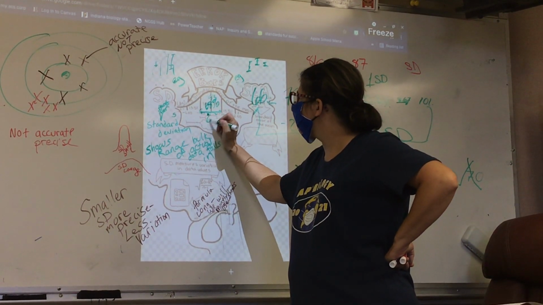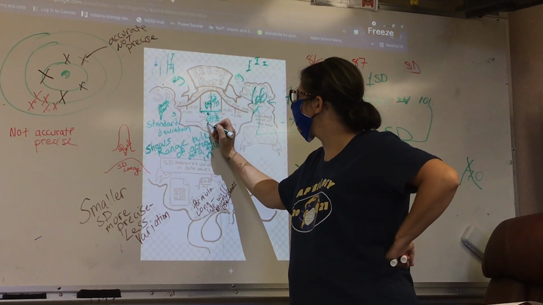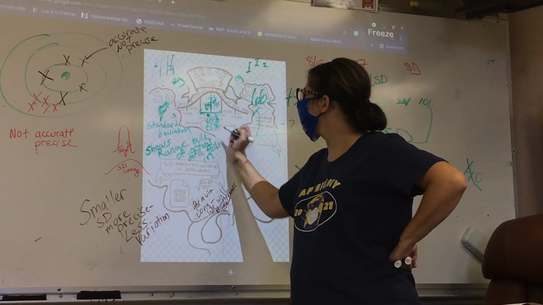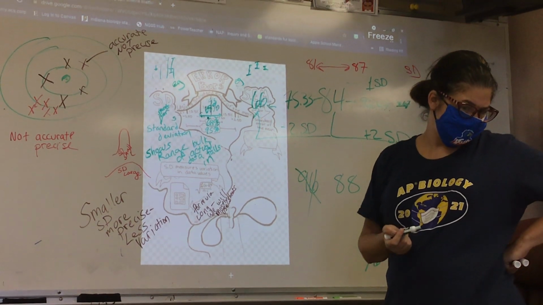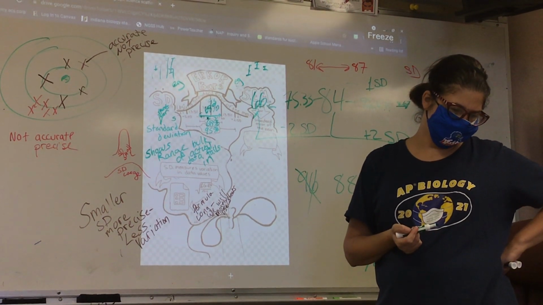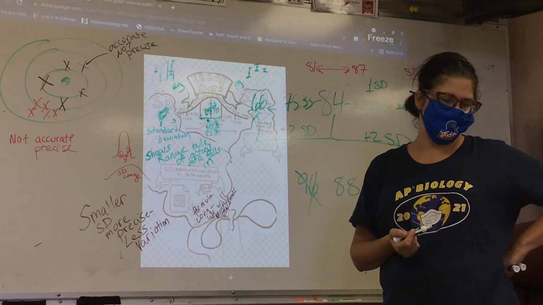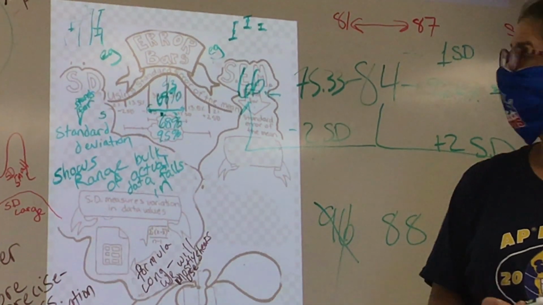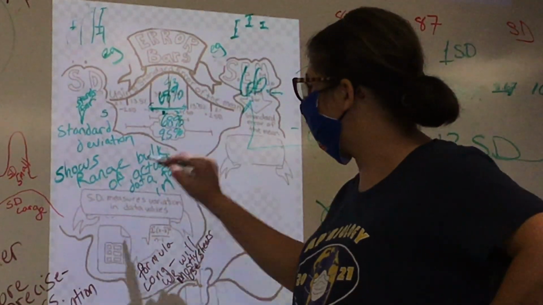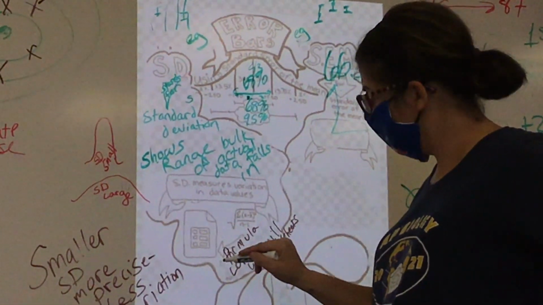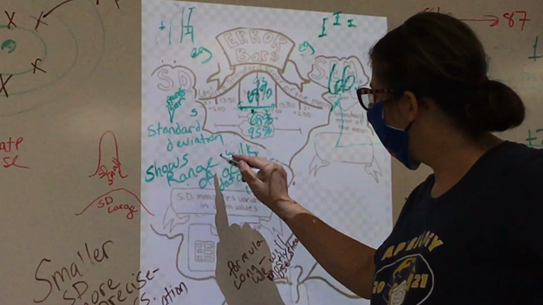Let's do this. That's what the cloud's for. 68%, 95% will be in 2 standard deviations. Always, no matter what data we have? Yes. Okay, so that is something that's important in that it shows the range.